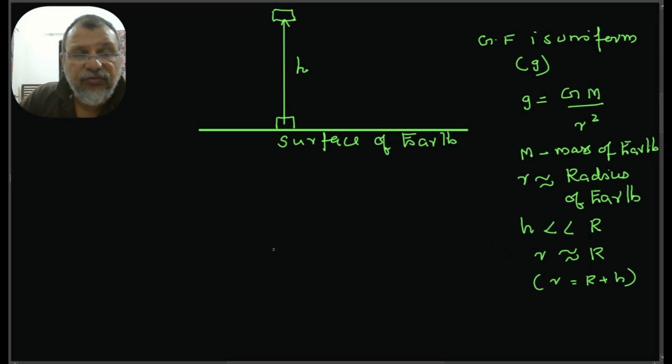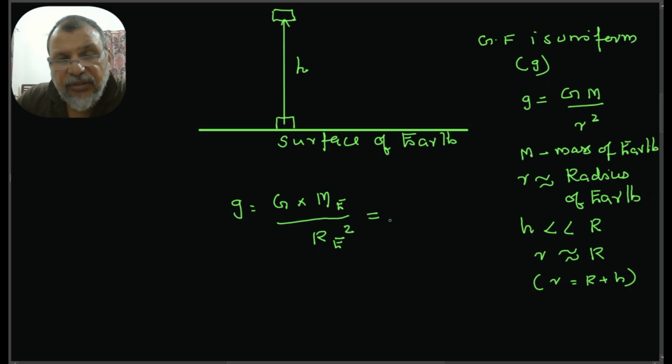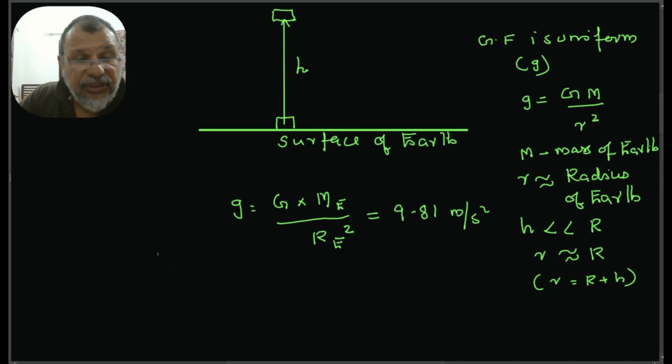When you calculate the g value here, g is equal to gravitational constant times mass of Earth divided by the square of the radius of the Earth, and this works out to merely 9.81. Of course, meter per second squared. This is actually the acceleration due to gravity.